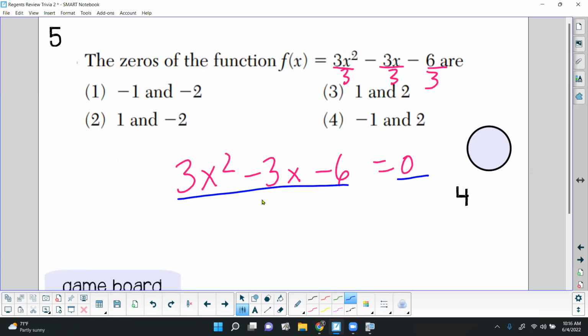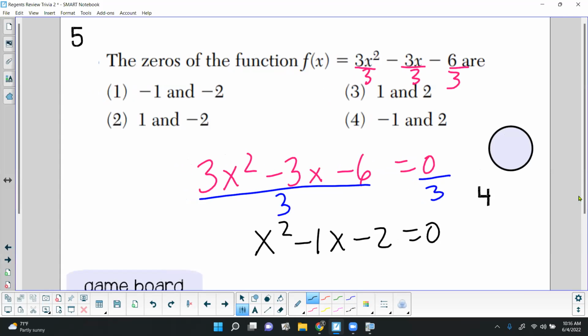If I divide everybody on this side and that side by 3, I don't actually have to pull out a GCF. This is a division property of equality, and that's different. It's causing all of these numbers to change. I would get x squared minus 1x minus 2 equals 0, in which case I could then factor this polynomial here.